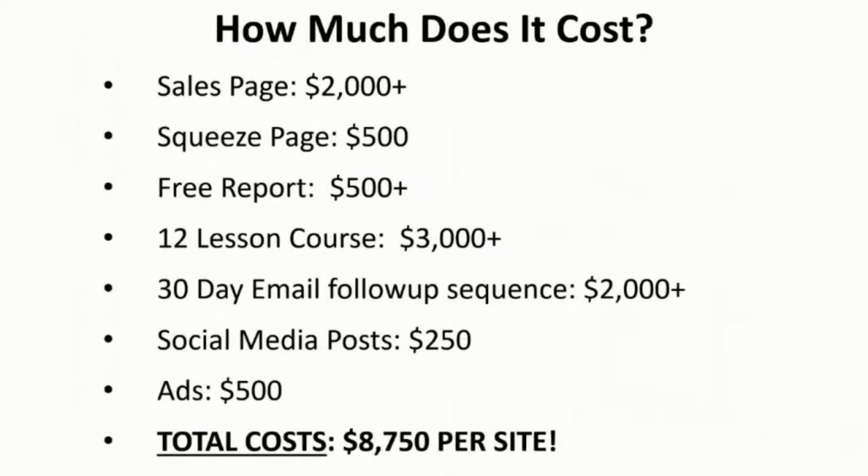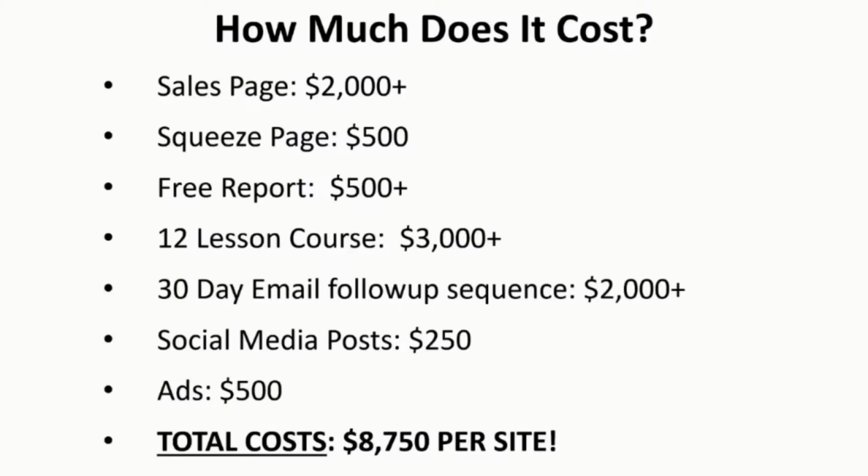Now, here is a very conservative estimate of what it would cost you the old way. Like if we're going to rewind back to just a matter of a few months ago or a year ago, if you were going to go out and do all of this, you could expect you're going to hire a copywriter to write a professional sales page, a professional squeeze page to get subscribers, to write a free report, a 12-lesson course, 30 days of email follow-up for you to follow up with, your social media posts and your ads.